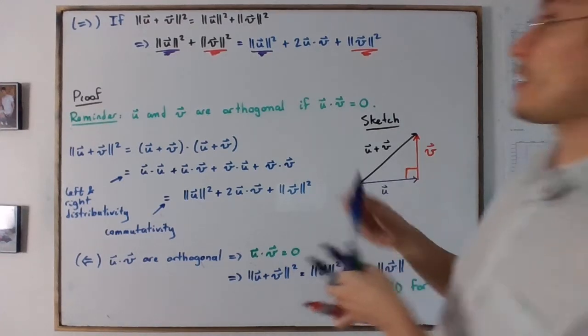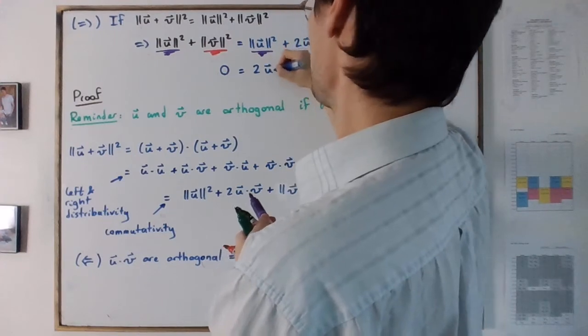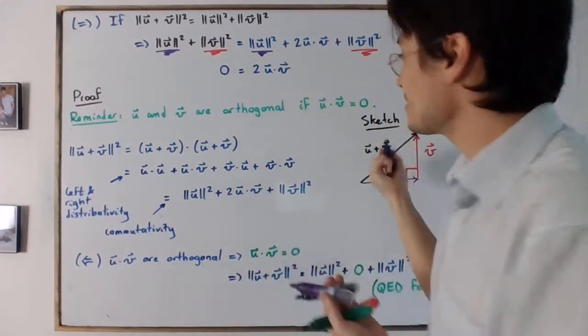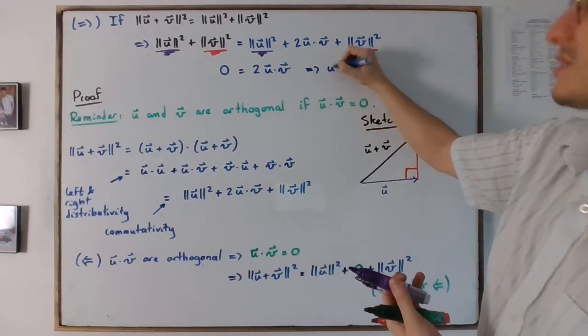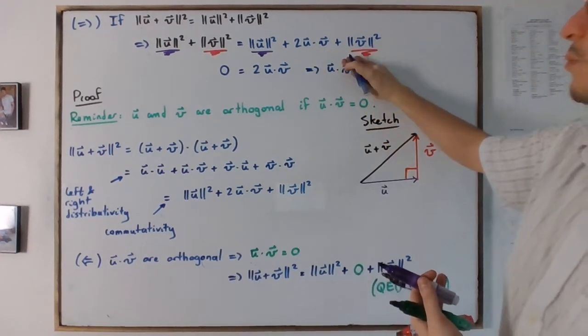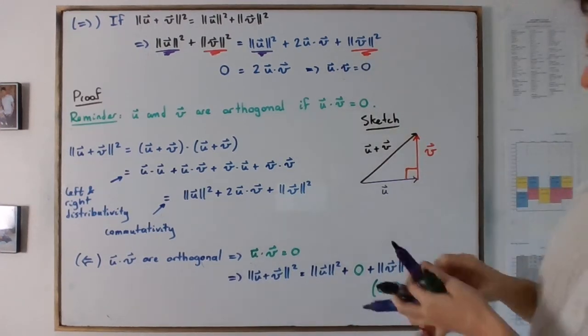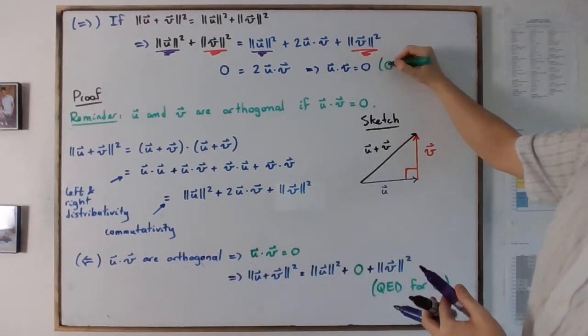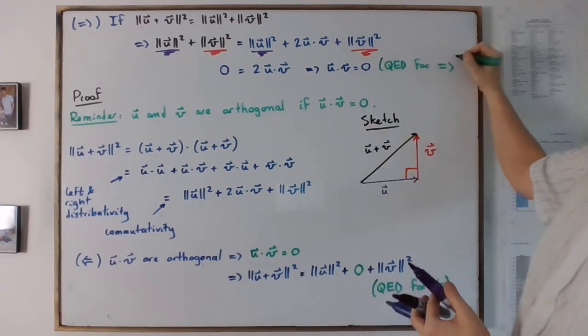Which means that you are left with 0 is equal to 2 u dot v. And of course, dividing that by 2, you get that u dot v equals 0. Which means QED for the only if part.